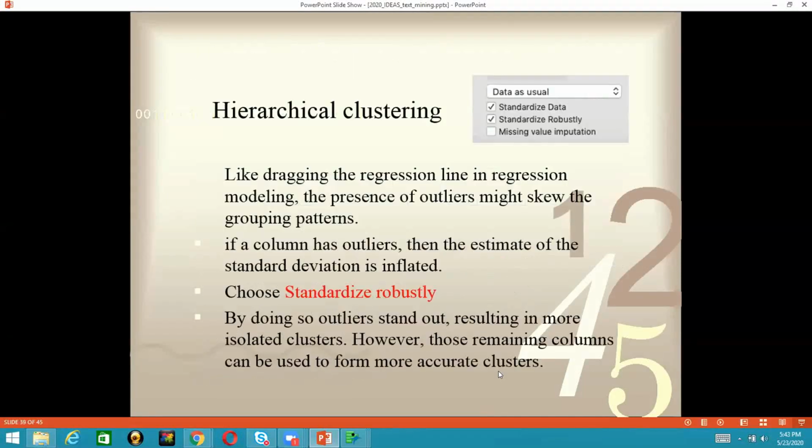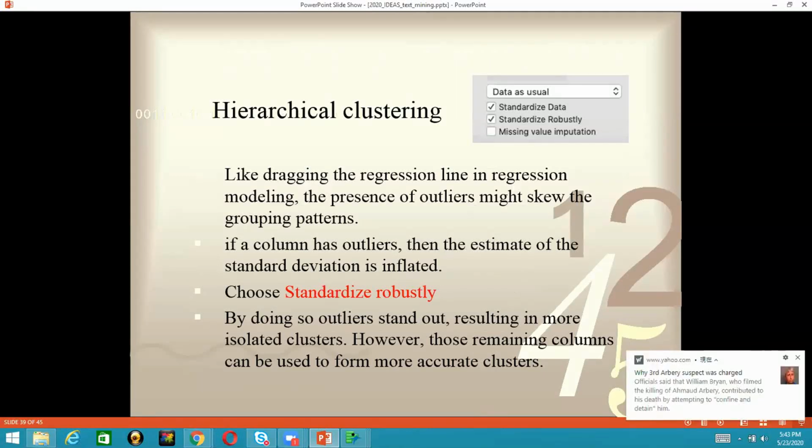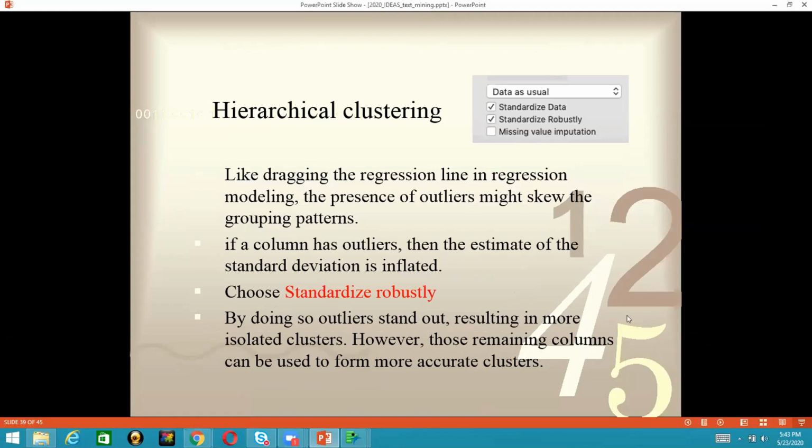In hierarchical clustering, we use a robust method. When you look at the proximity, the response pattern, so how far away these statements are from each other, in terms of frequency, co-occurrence, an outlier may skew the grouping patterns.